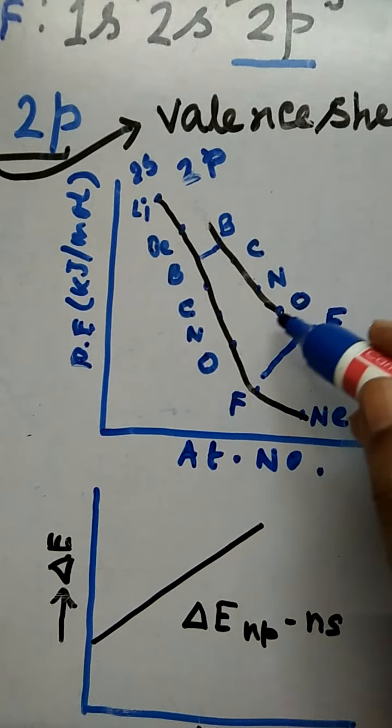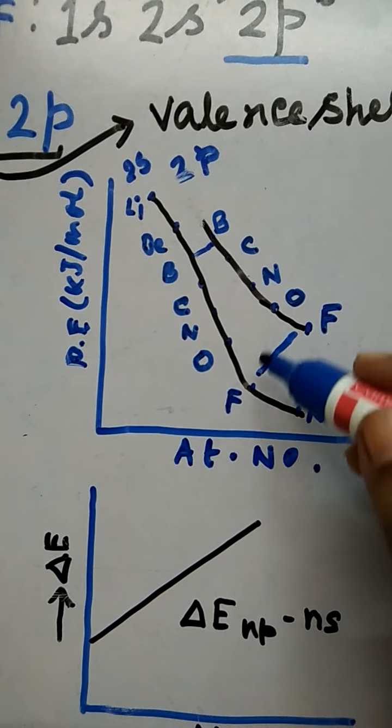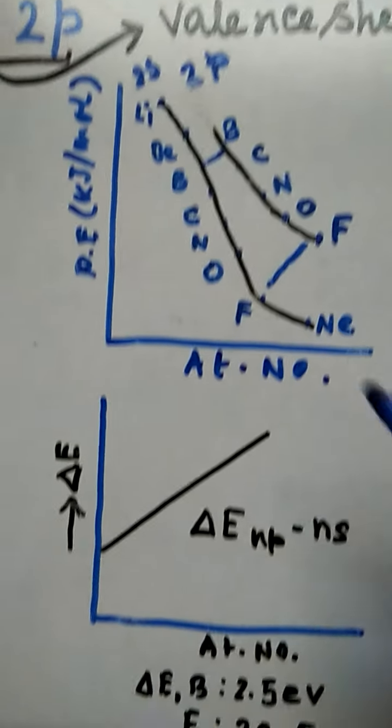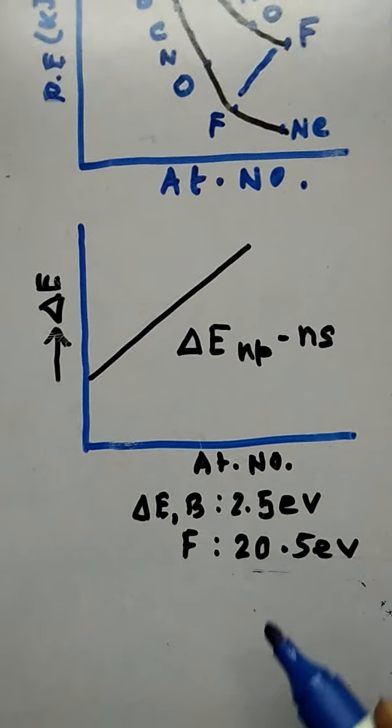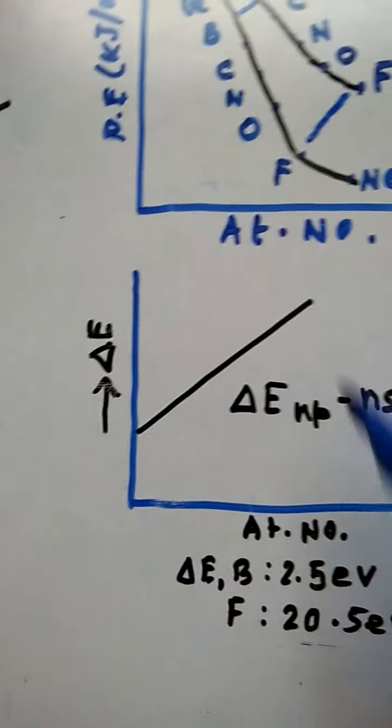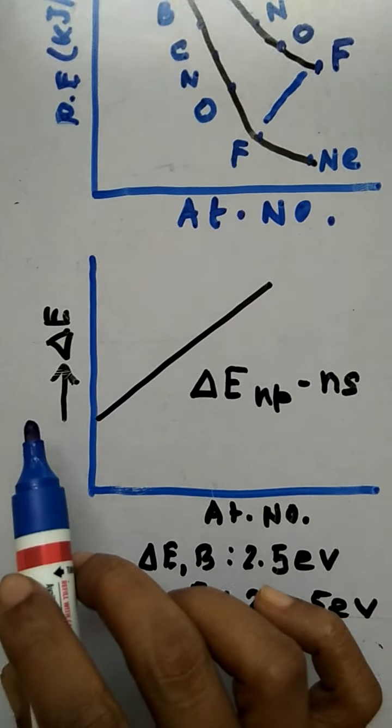As the energy gap is more in oxygen and fluorine, there is no interaction between the s and p orbitals.